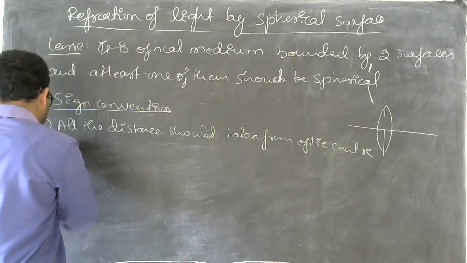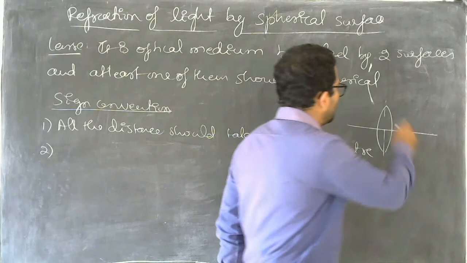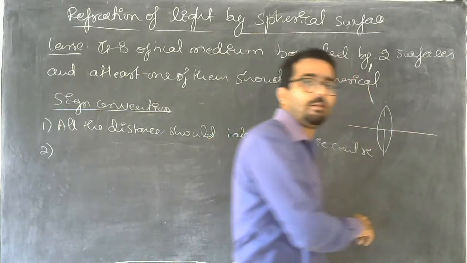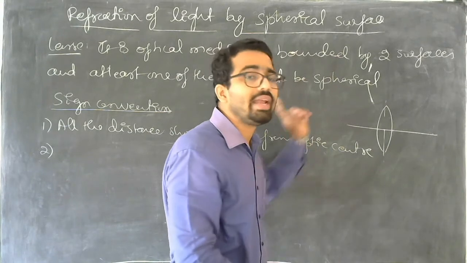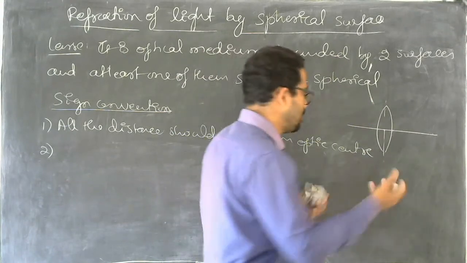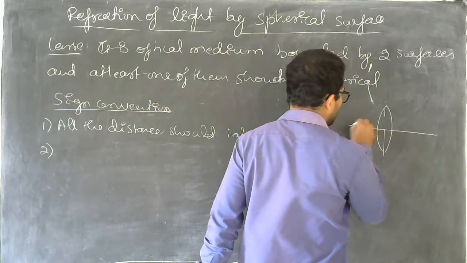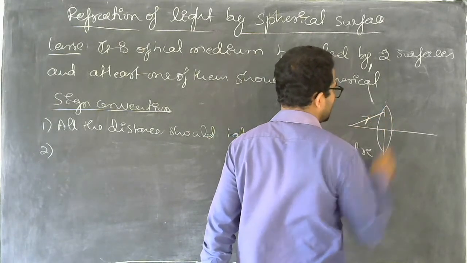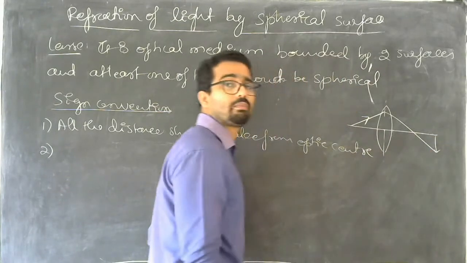Now the second point is, if the distance is measured along the direction of light. Let me try to draw a picture. This is a ray of light, which let us say forms an image over there.